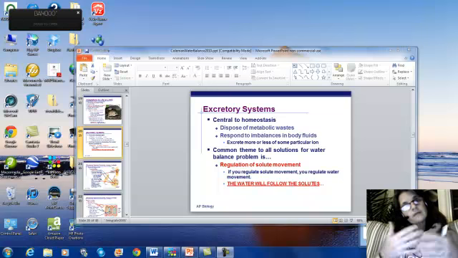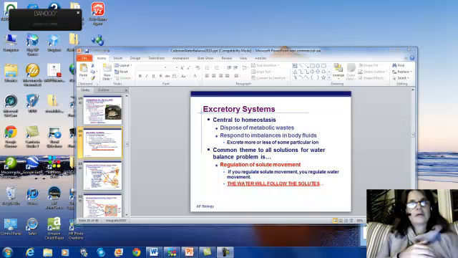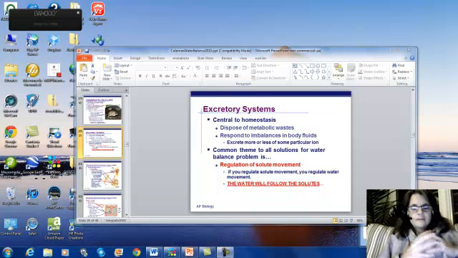It's not until we hit phylum Platyhelminthes, the flatworms, that we start to see at least some minimal development of an excretory type system, if you will. Okay?